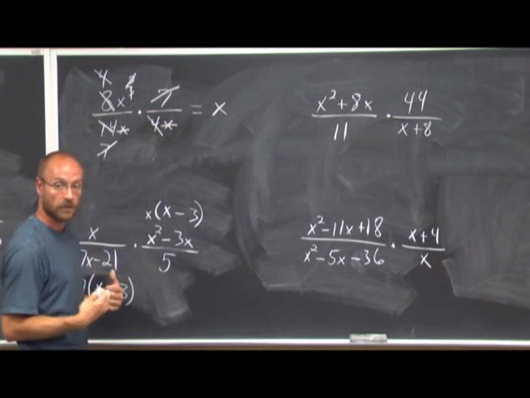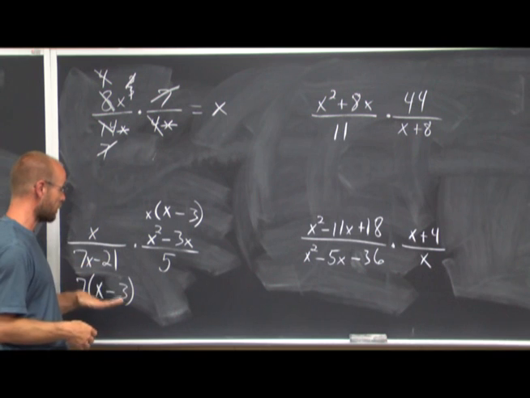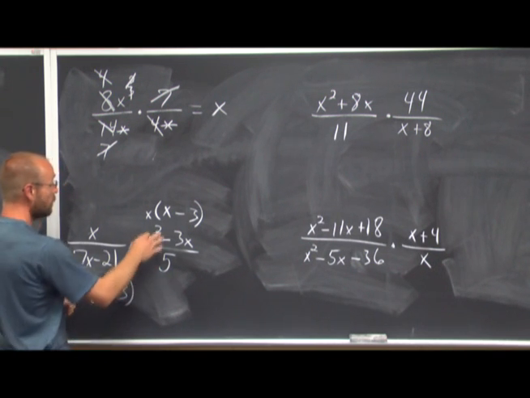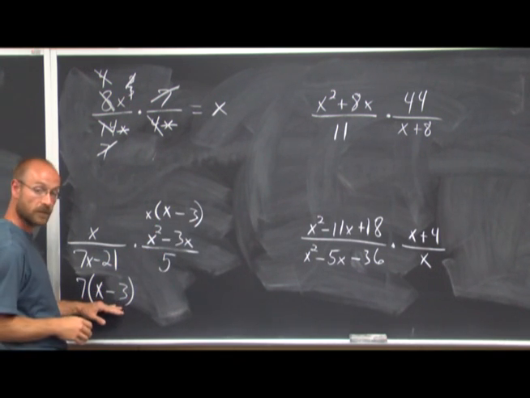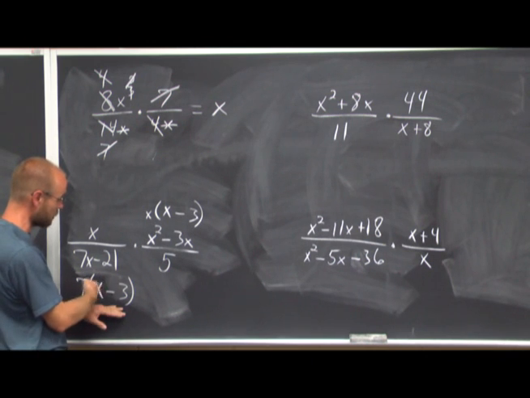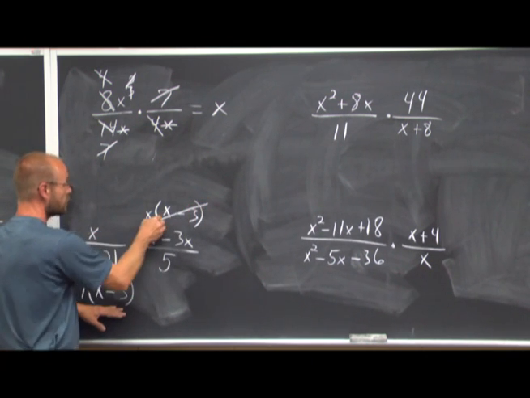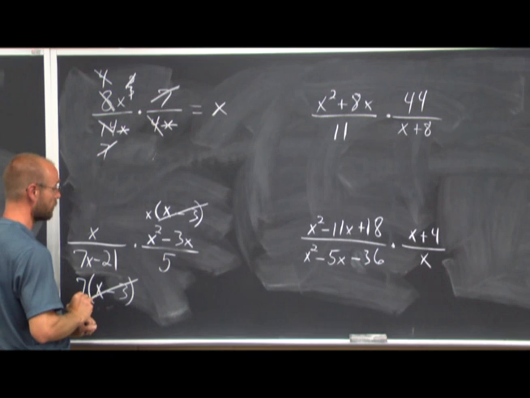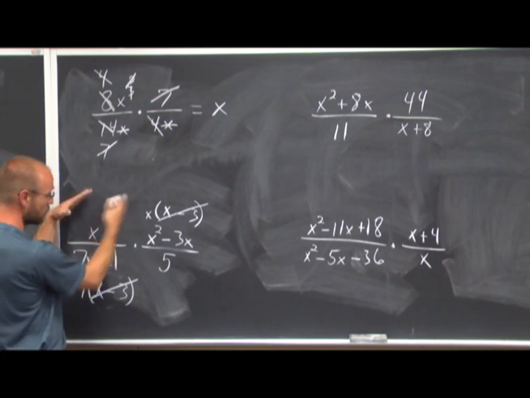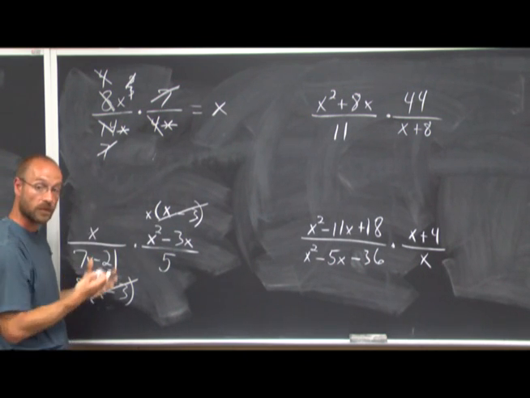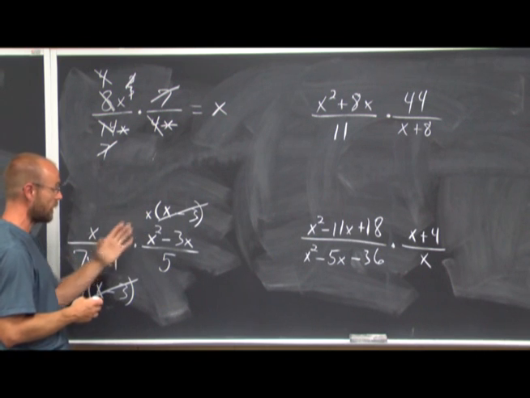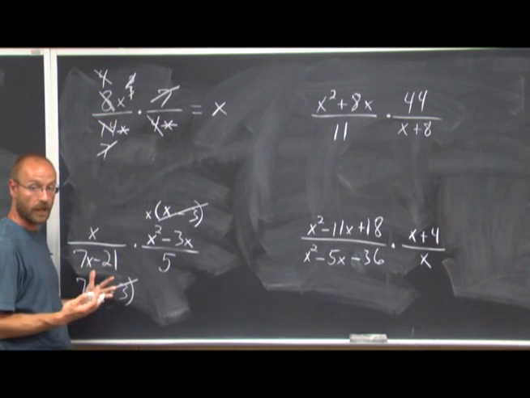And now I can begin to simplify. Factors on top can cancel factors on the bottom. And we see here this x minus 3 is a common factor to this x minus 3 here in the denominator. So we cancel that entire factor. Now 7, there's no 7s up here. There's no 5. There's no numbers containing those factors. We have an x and an x. Nothing else is going to cancel.